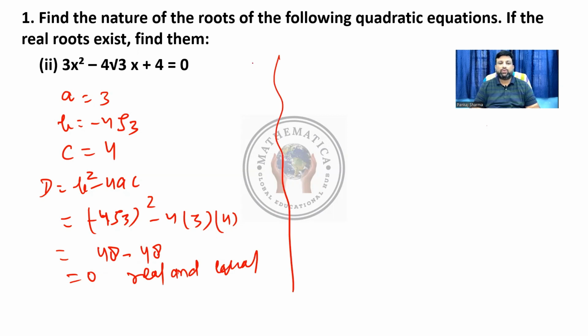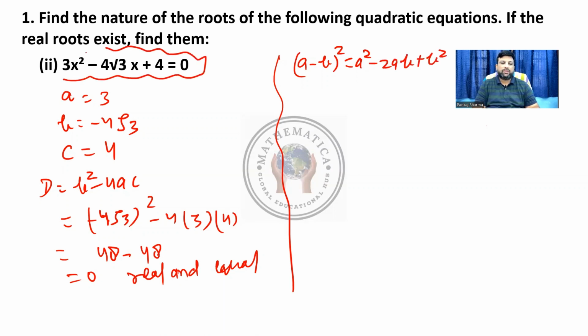Here they are telling us that when the roots are real, we need to find the roots also. If the discriminant is equal to 0, the quadratic equation will be a perfect square. We know the formula (a − b)² is a² − 2ab + b². So we can write this quadratic equation in this form: (√3x − 2)² = 0.